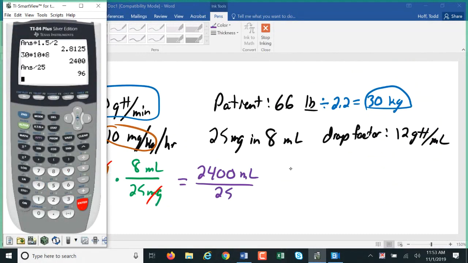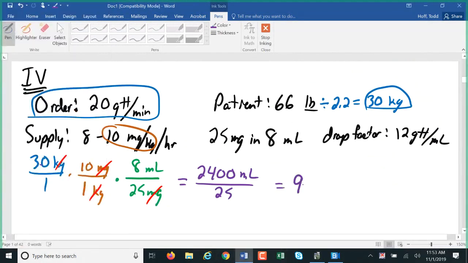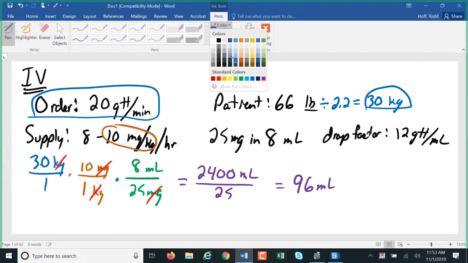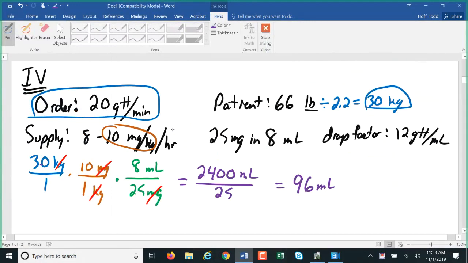Divide that out, 96 milliliters. The reason we wanted to do that is because we need to attach a time to this for our drop factor to have much meaning. What time are we going to attach with this? Per hour. That's 96 milliliters per 1 hour at this point.